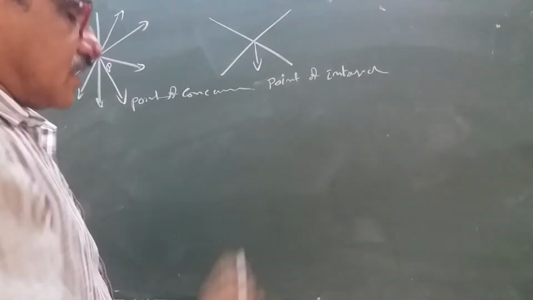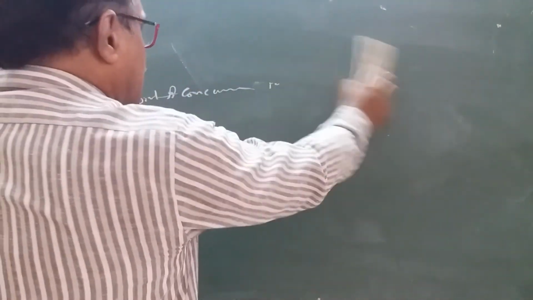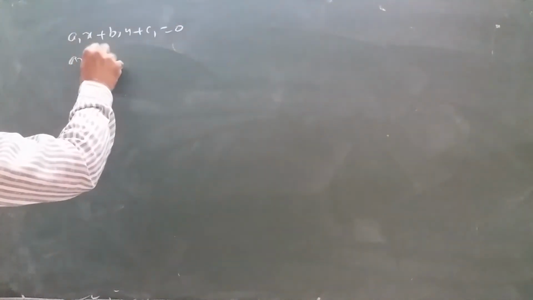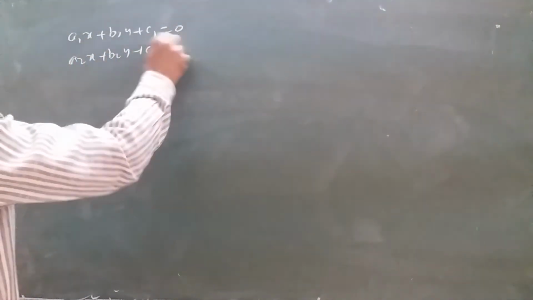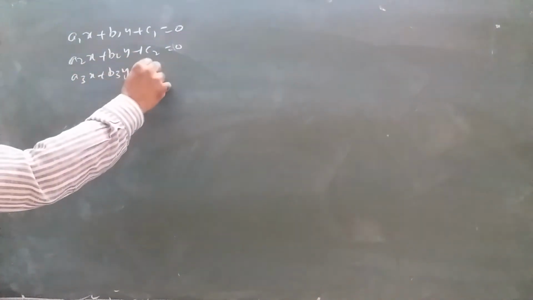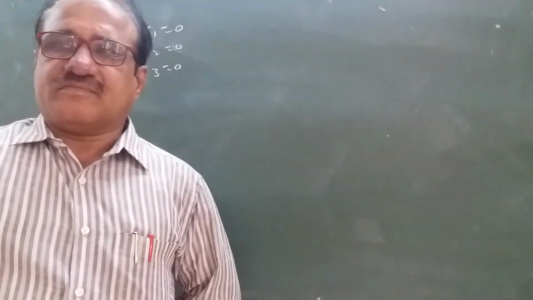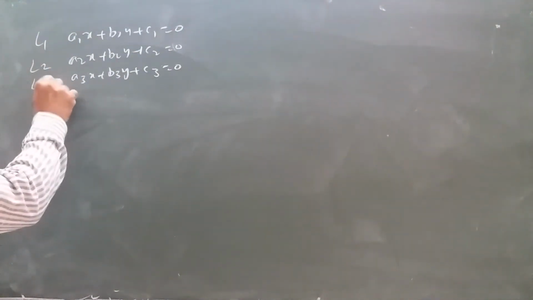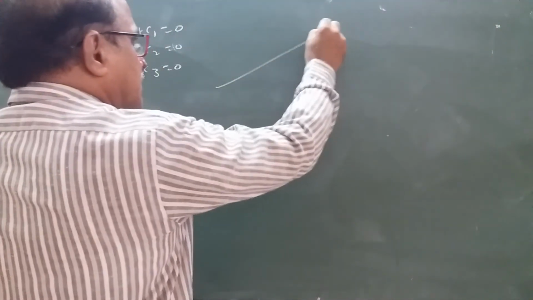These are intersecting lines. Now we will go to concurrent lines. If a1x plus b1y plus c1 equals 0, a2x plus b2y plus c2 equals 0, and a3x plus b3y plus c3 equals 0, all three lines lying in the same plane, let these be L1, L2, L3, and these three are passing through a point.